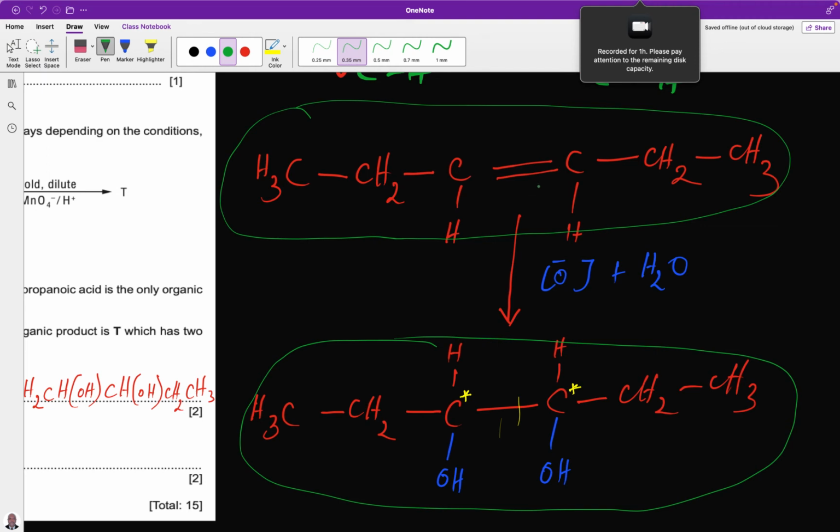We will have structural isomerism and stereoisomerism. Stereoisomerism is of two types. We have geometric and we have optical.